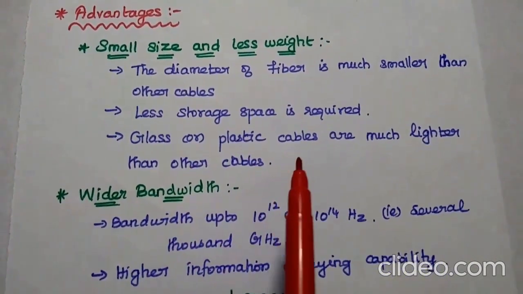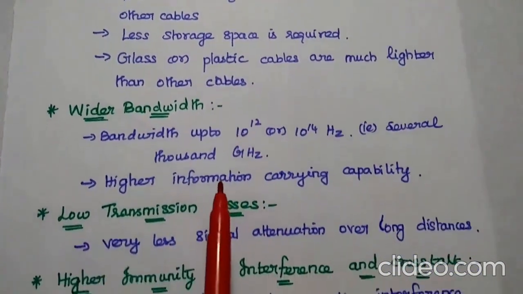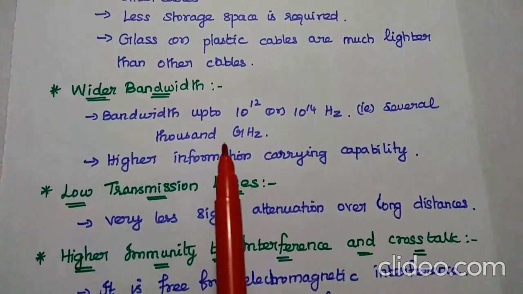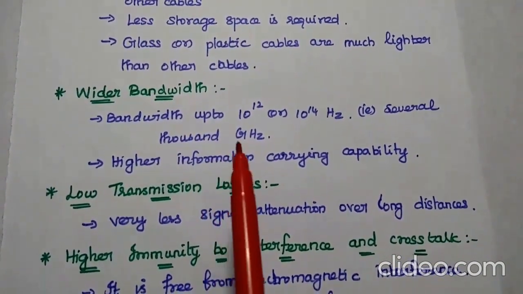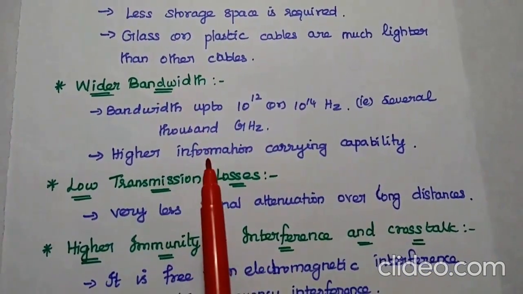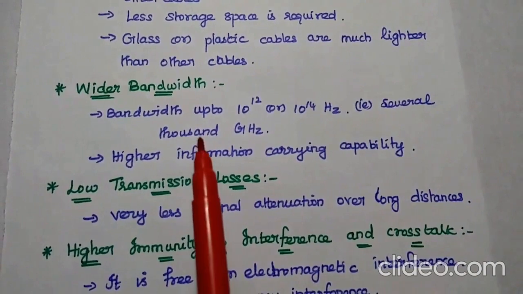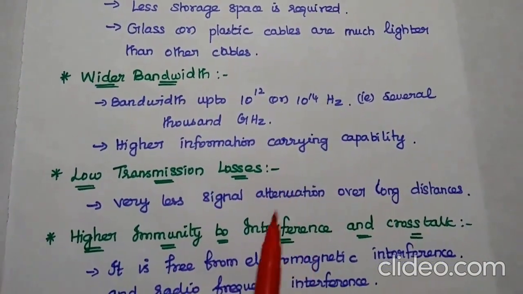So these are some of the advantages of the optical fiber. Low transmission losses means very low signal attenuation over long distances. So this is the main advantage of the optical fiber. For long distances it has very little signal attenuation.